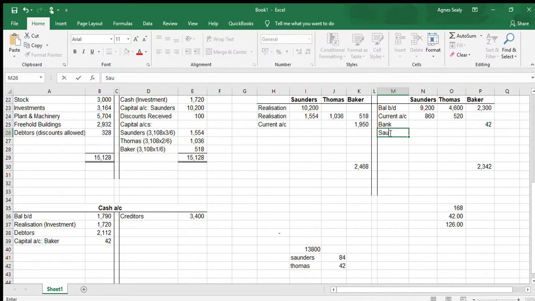Saunders and Thomas will have to pay $126 on Baker's behalf. So then Saunders will pay $84 and Thomas will pay $42.